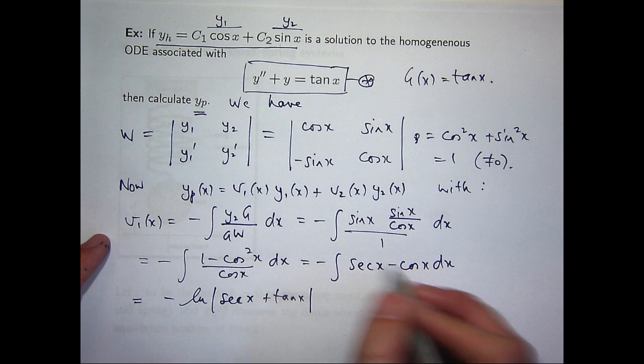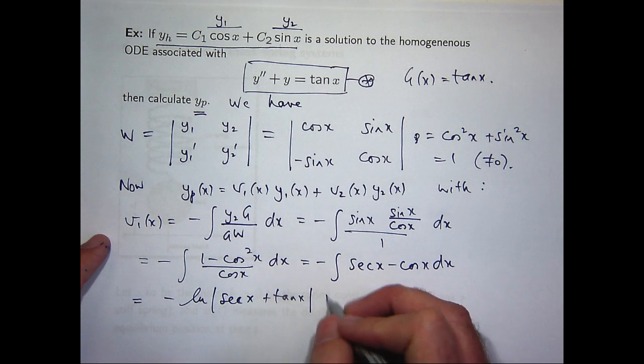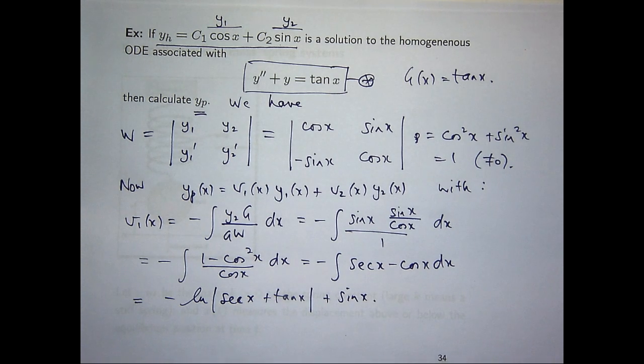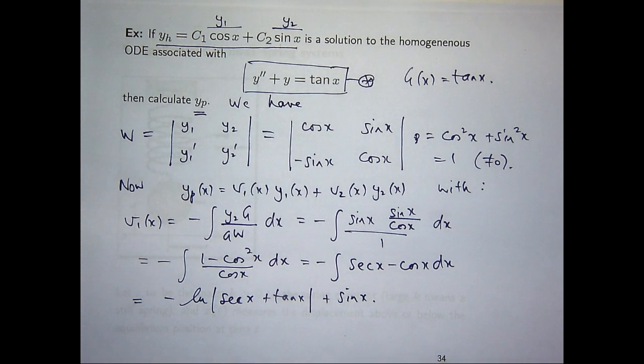If I integrate the negative cosine, I'm going to get minus sine x. So don't be too concerned about this integral of sec. If we asked you an integral of that nature, we would give you some hint or some table for it. So that's v1.